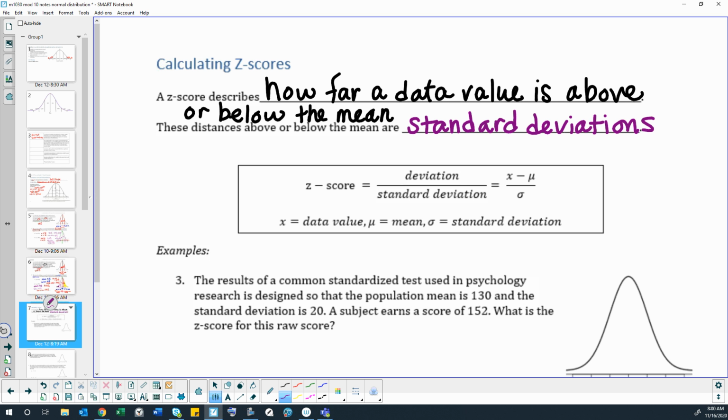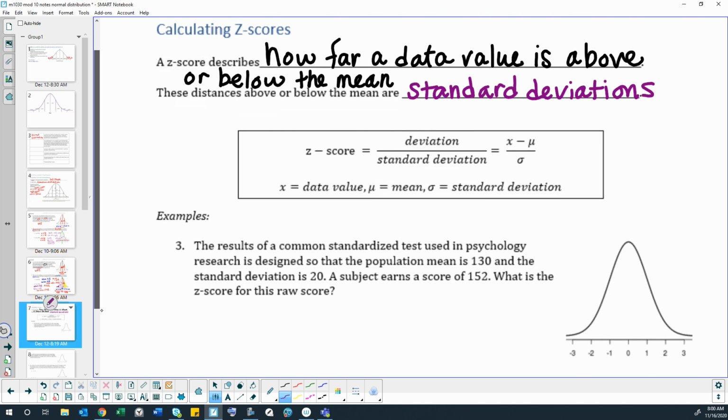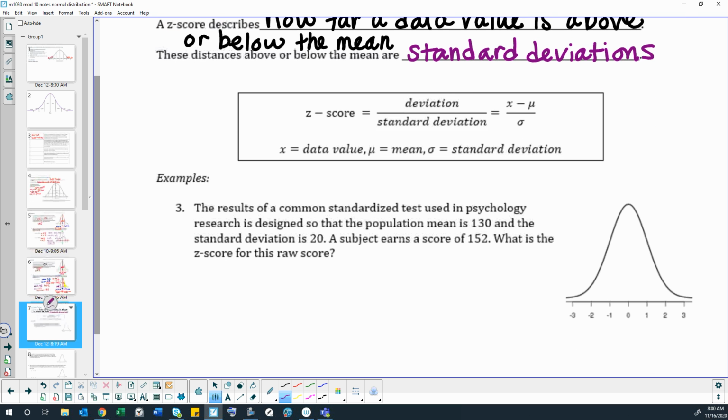Okay, let's practice this. The results of a common standardized test used in psychology research is designed so that the population mean is 130 and the standard deviation is 20. A subject earns a score of 152. What is the z-score for this subject's raw score?